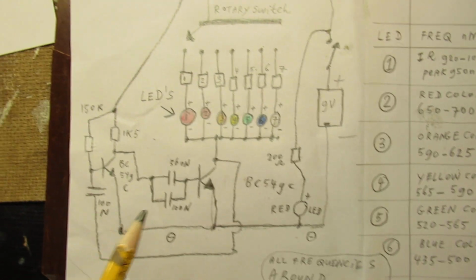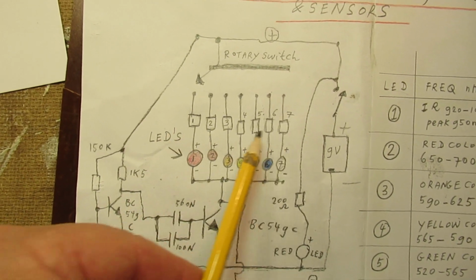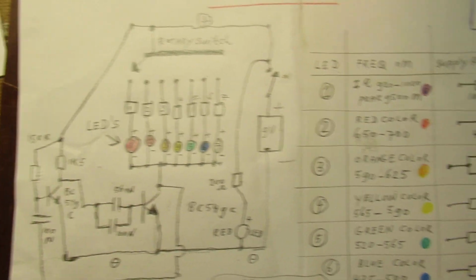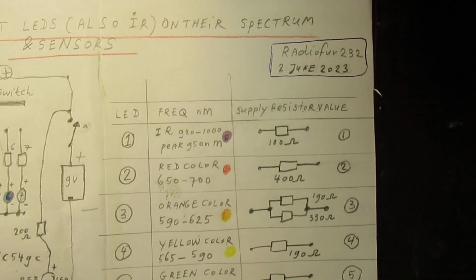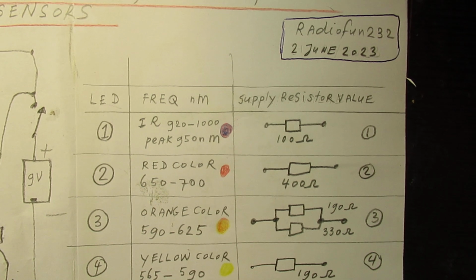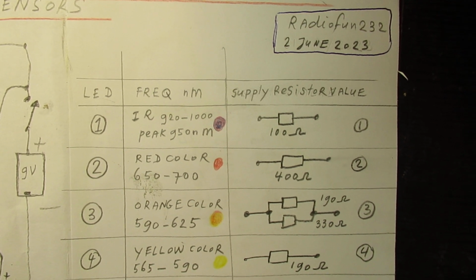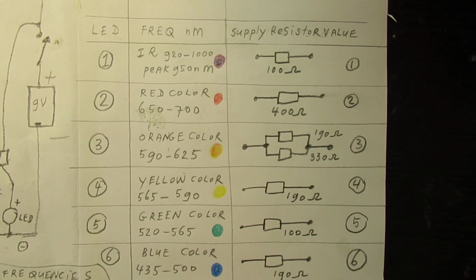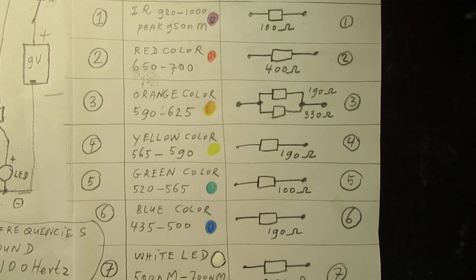I want to tell more about that. Like I told, the resistors here are different. It depends on the LED that you use, and here is a table of the used resistors. That must be tested out in practice, of course.